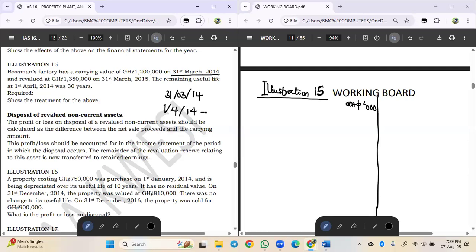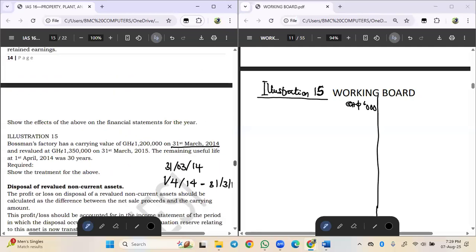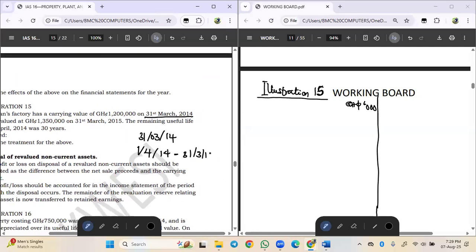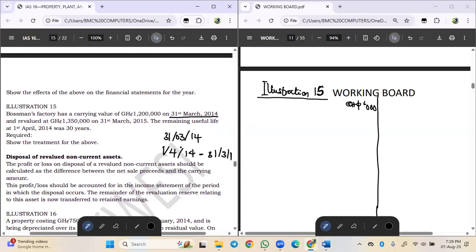And that is ending on what? 31st March 2015. So please, I hope you understand the concept. So here, the carrying amount that you determine will be 1st April, 2014.